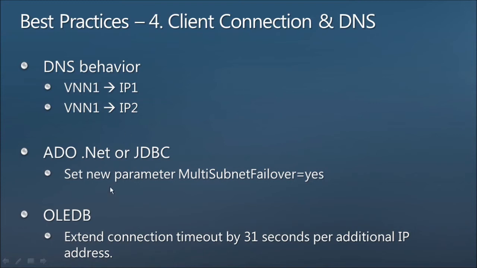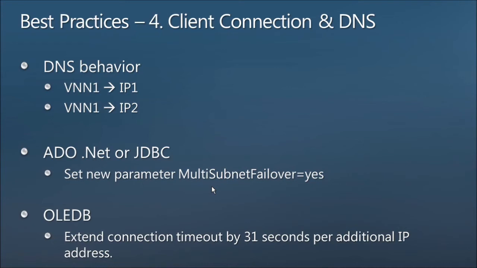So for your newer client, use ADO.NET or JDBC. There's a new parameter introduced in SQL Server 2012, which is multi-subnet failover. So you should choose multi-subnet failover equals yes. Then the SQL client will try to connect to all the IP addresses in parallel, which can make your connection very fast.